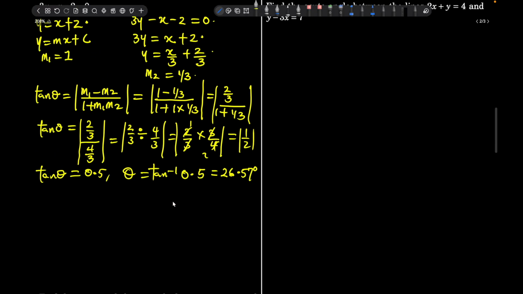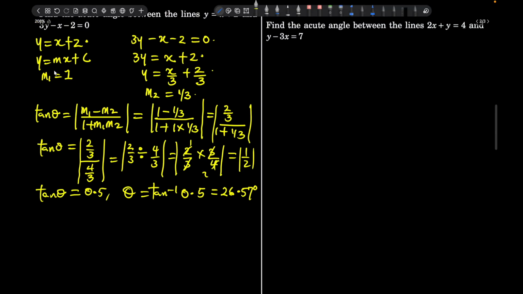Now for method 2, remember that we have two methods.